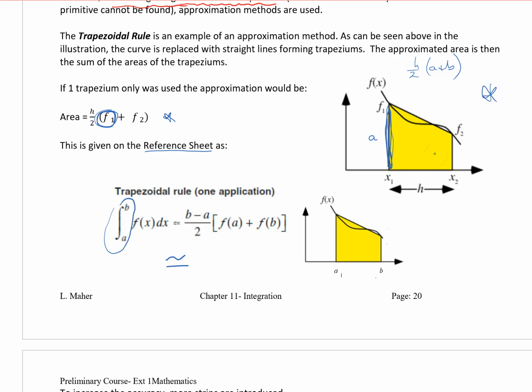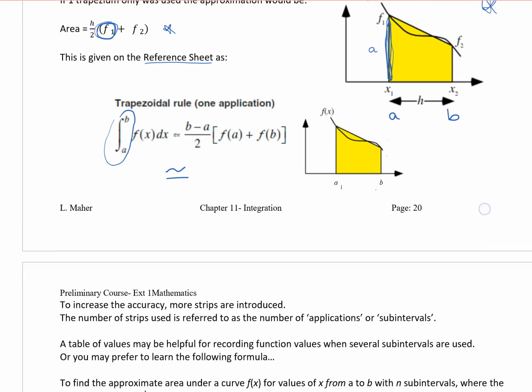So from a to b, and divide that by 2 because of the formula for the area of a trapezium. f of a, because that is the length of one of the parallel sides, plus f of b, because that's the length of the other parallel side in the trapezium.